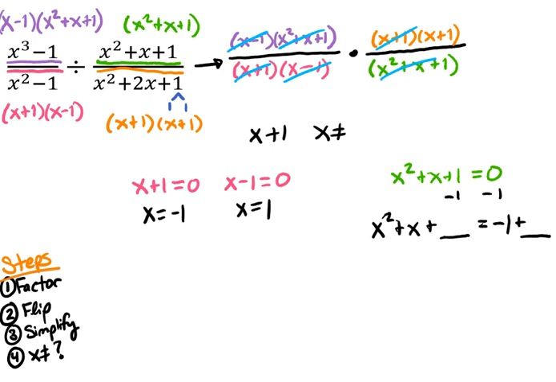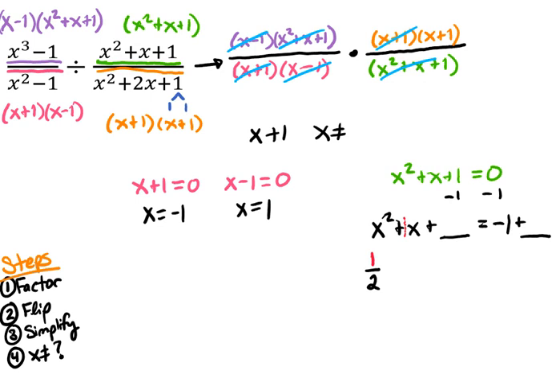The next step in completing the square is to take the second term and divide it by 2. As a reminder, there's technically a 1 right there. So we're going to take our 1 and divide it by 2.